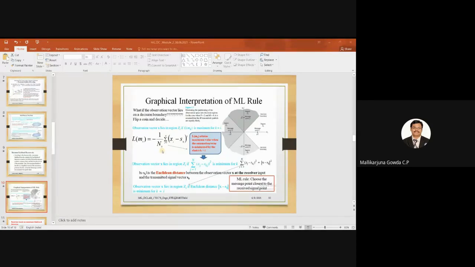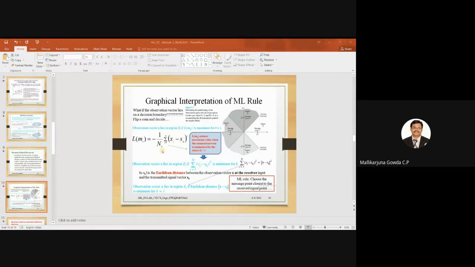If the summation term is minimum for k. So I can express this summation term, summation j is 1 to n of xj minus skj whole square, as the square of the norm of the distance between the received signal vector and the signal vector.